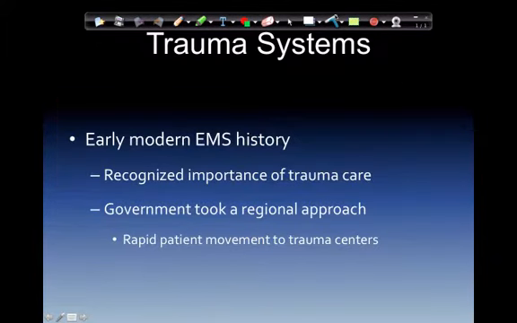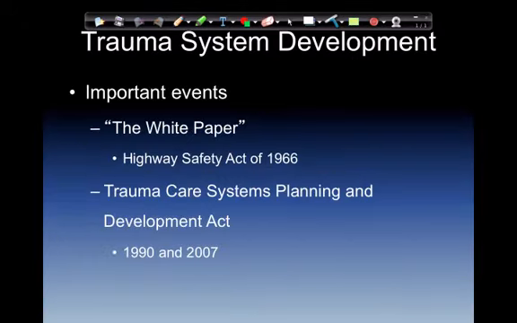Trauma systems. Early modern EMS history recognized the importance of trauma care. The government took a regional approach, with rapid patient movement to trauma centers from anywhere in the region. In trauma system development, important events include the White Paper, which resulted in the Highway Safety Act of 1966.